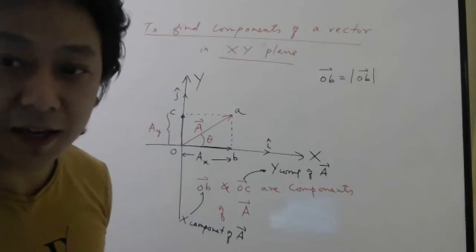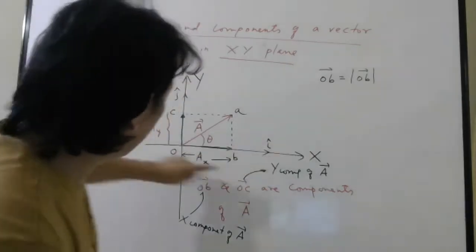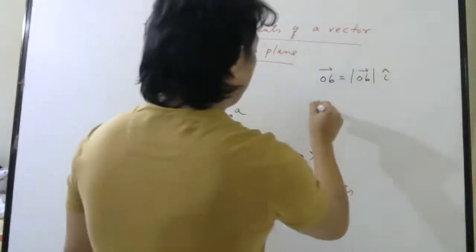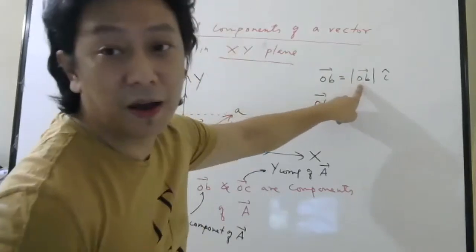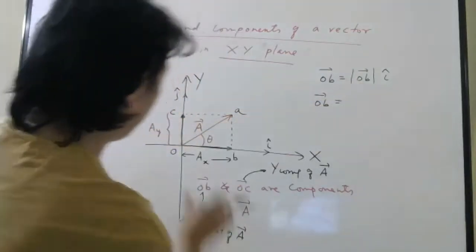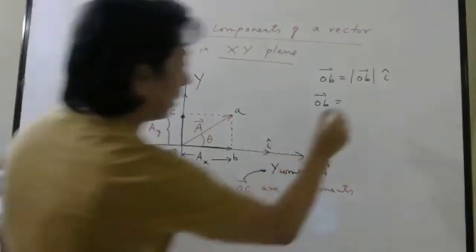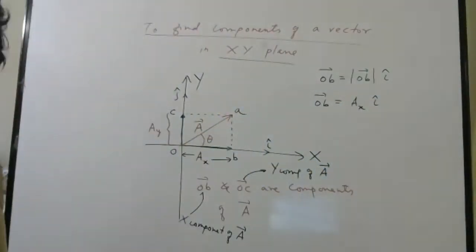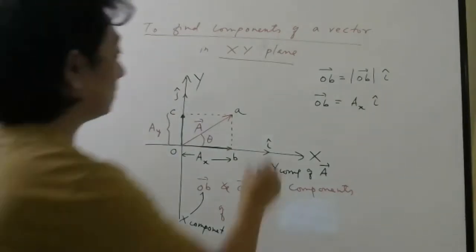I cap. Why i cap? Because i cap is along this vector, OB bar. But what is the magnitude of OB bar? Magnitude of OB bar I have written as AX. So I can write AX i cap.